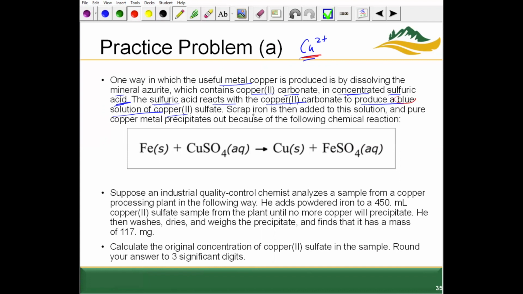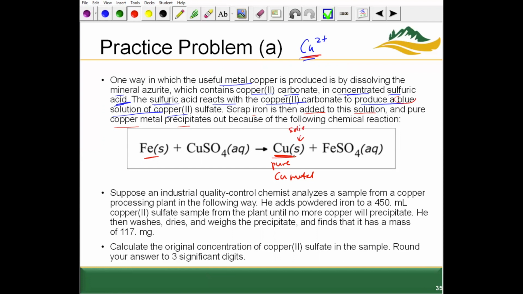Then scrap iron is added to the solution. So iron is added and pure copper metal precipitates. Here is our pure copper metal. We know it's pure copper metal because it's just copper listed here as the element, and then solid metal here.